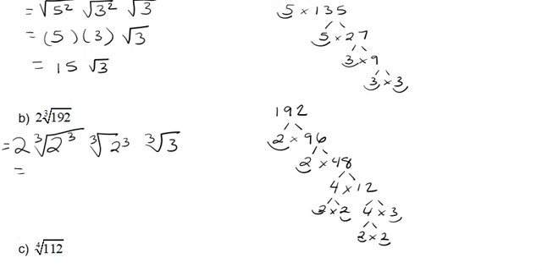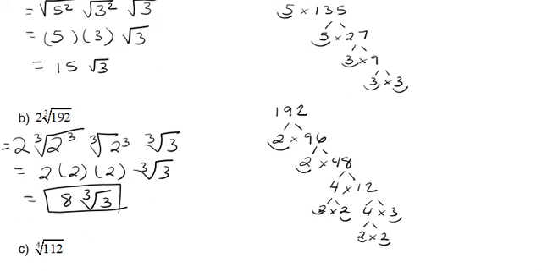So this cube root is going to cancel the 2s, so I get 2 times 2 times 2 times the cube root of 3, which leaves me with 8 cube root of 3. Always a good idea to circle your final answer.